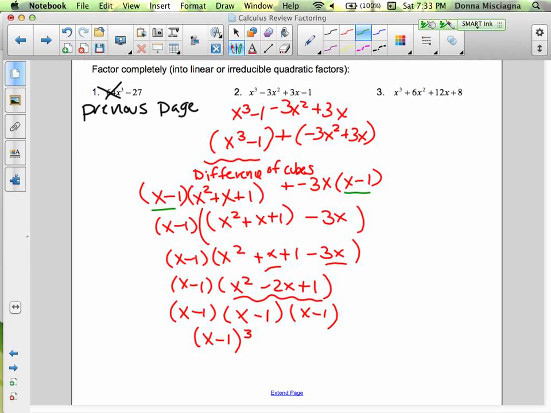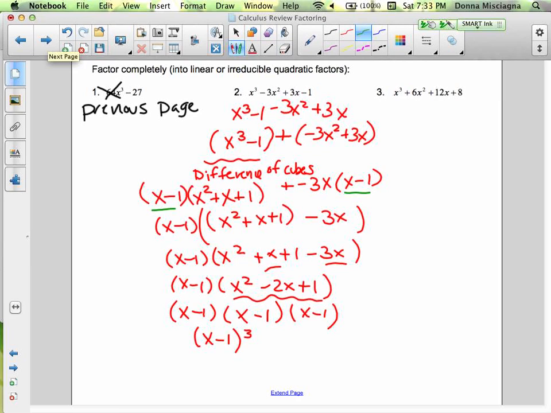So if I have x minus 1 cubed, I'm going to have x cubed, and then we have to remember the signs. You know what?